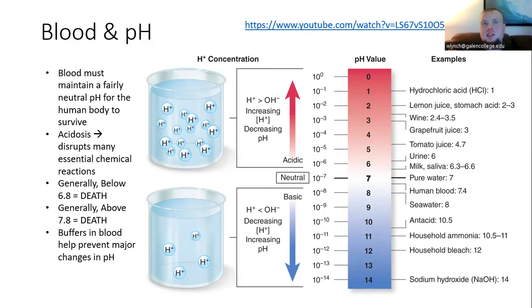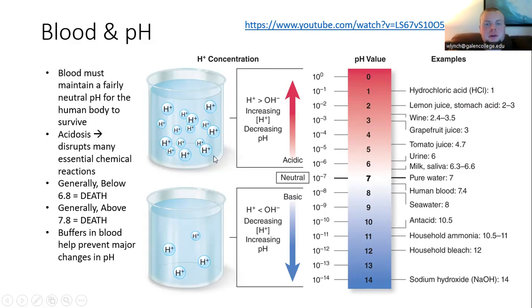When we find other things that we take in on a normal basis, such as juices, urine, excretion of milk, saliva, those are going to be acidic compounds. On the basic side, things that we use on a regular basis, something like bleach or ammonia or dish cleaner, those are going to be basic substances, mainly going to be used as household items.